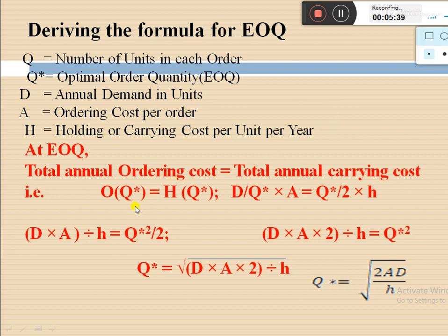So by putting the formulas, annual ordering cost is equal to annual carrying cost. So by replacing the annual ordering cost with its formula, that is D by Q into A, and similarly by replacing the carrying cost by using this formula. After simplification, we would get that the value of economic order quantity can be calculated or found by using this expression.